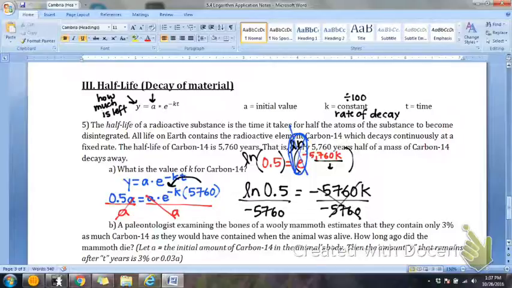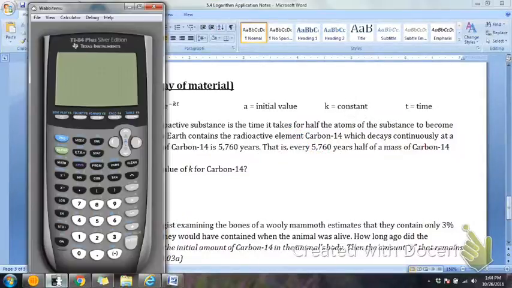You're going to get a very small decimal, and that is okay. Make sure that you put your negative sign in there. So the natural log, make sure you hit the LN button on your calculator. I'm going to take the screen away for just a minute. You guys all see where the LN button is?